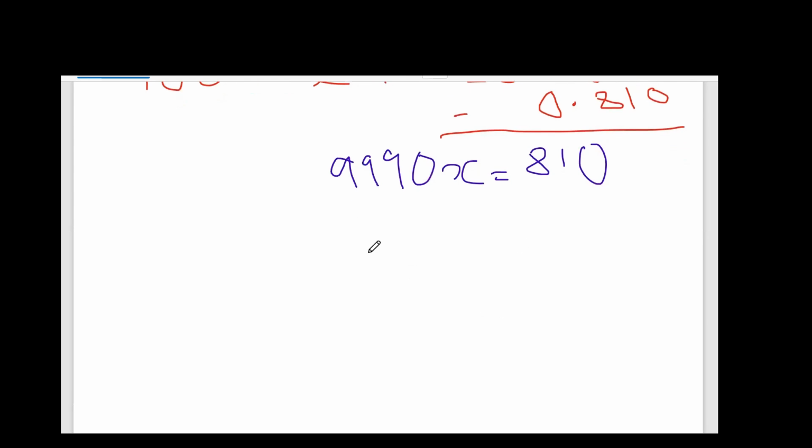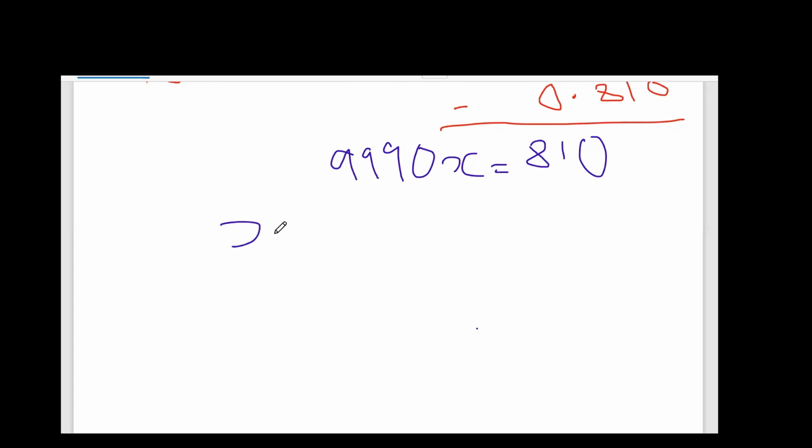Then here now, we can find our x, which will be the expression that we are looking for in the form P over Q. So x is equal to 810 over 9990.